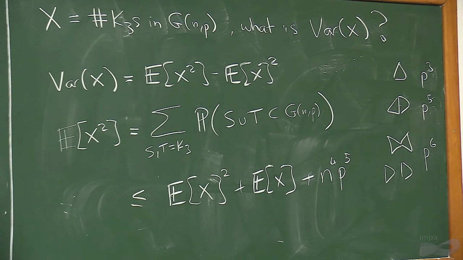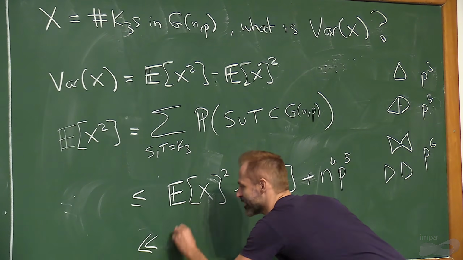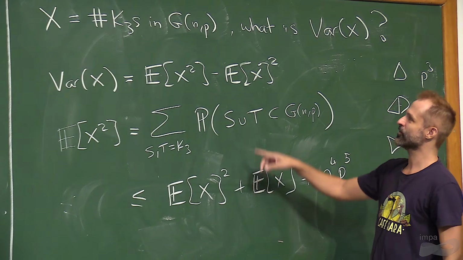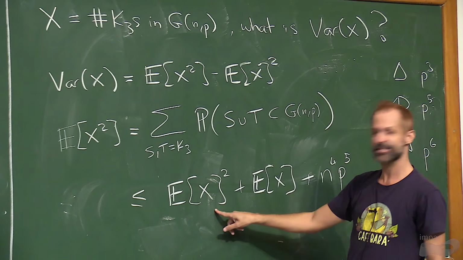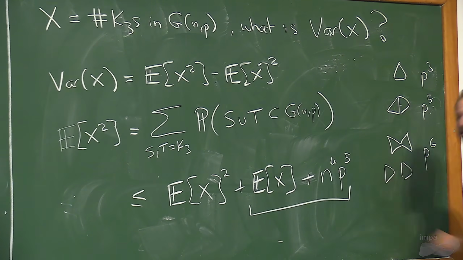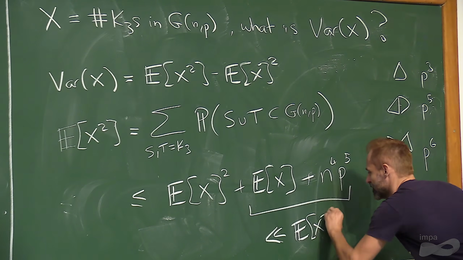Okay, and I've run out of time, so to say very quickly, I want to claim that this is much smaller than, sorry. What's the variance? It's this minus this. So it's this. This is our bound on the variance. And I want to claim this is much smaller than the expectation of x squared.